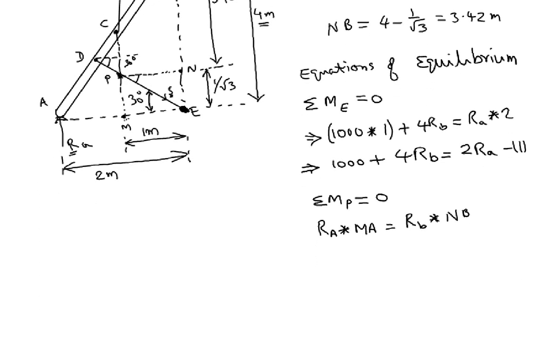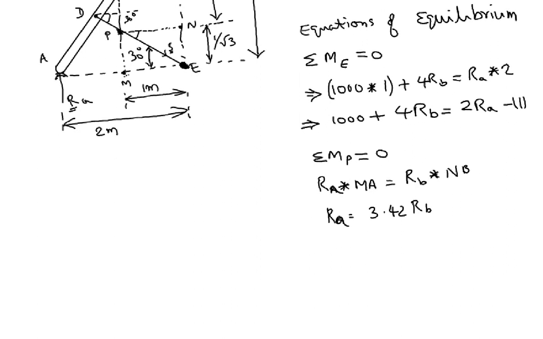We already know these distances. MA is equal to 1 meter, so RA is equal to 3.42 multiplied by RB.